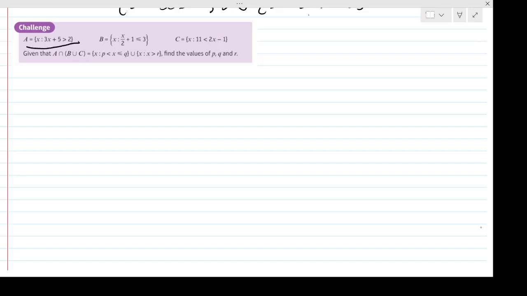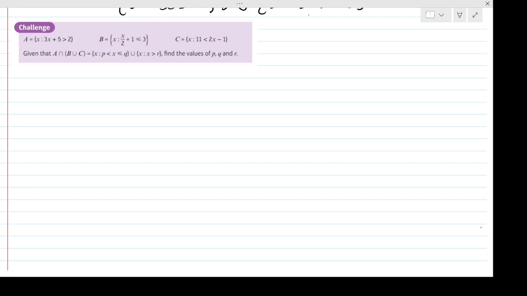A is the set of values of x such that 3x + 5 is greater than 2. B is the set of values of x such that x over 2 + 1 is less than or equal to 3. And C is the set of values of x such that 11 is less than 2x - 1.